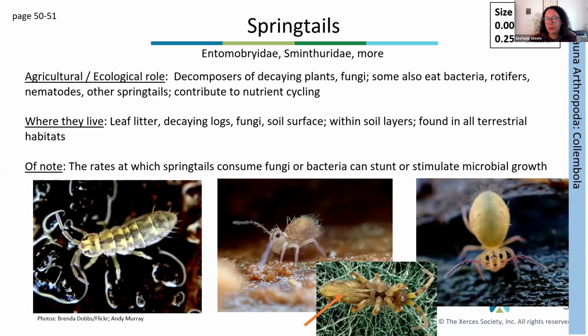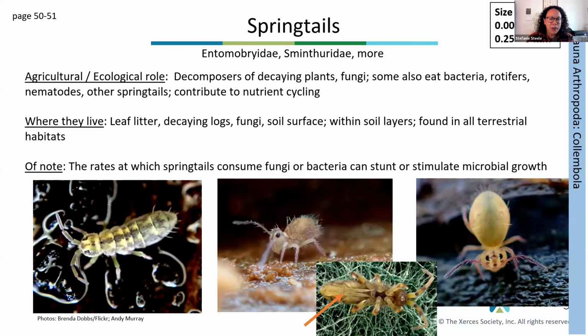All right, so for our next animal group, springtails. Springtails are actually quite common, even in urban areas, but they are perhaps an animal that you're not familiar with.